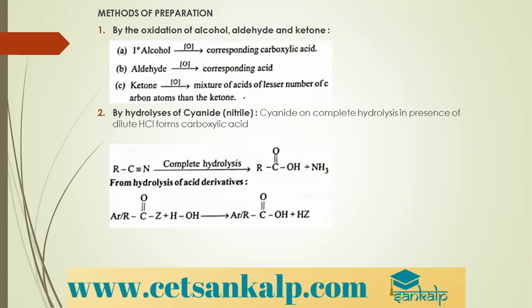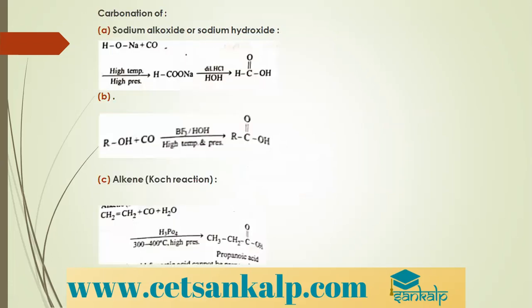Hydrolysis of acid derivatives, even acid anhydrides, you carry out the hydrolysis, you will get carboxylic acids. Carbonation of sodium alkoxide, treating it with carbon monoxide, gives you carboxylic acid. So we have examples for it.